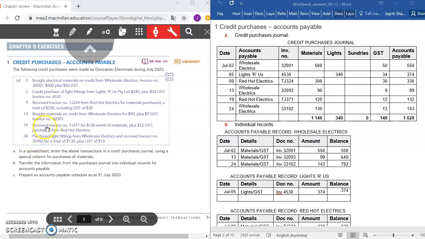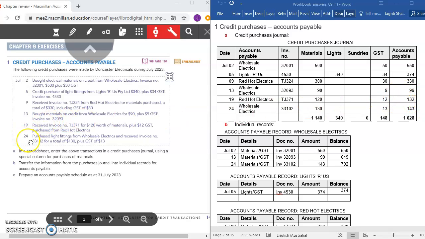Now July 19th, received invoice number this for $120 worth of materials plus $12 GST, purchased from Red Hot Electrics. Okay, so Red Hot Electrics, materials for $120, plus $12 GST, so the total amount goes $132.